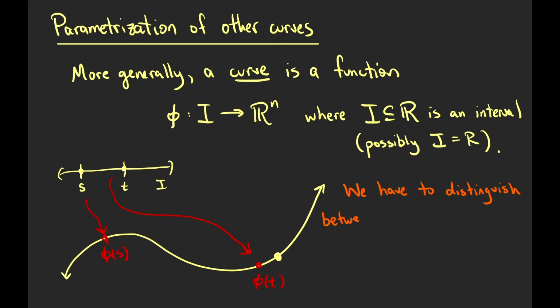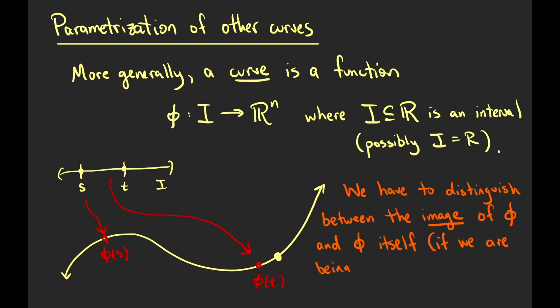We have to distinguish between the curve as a function phi and the image of phi. This gets to the idea I said earlier about two different parametrizations of a line. The image of this curve is unique, but we could have different functions phi whose image is that curve.